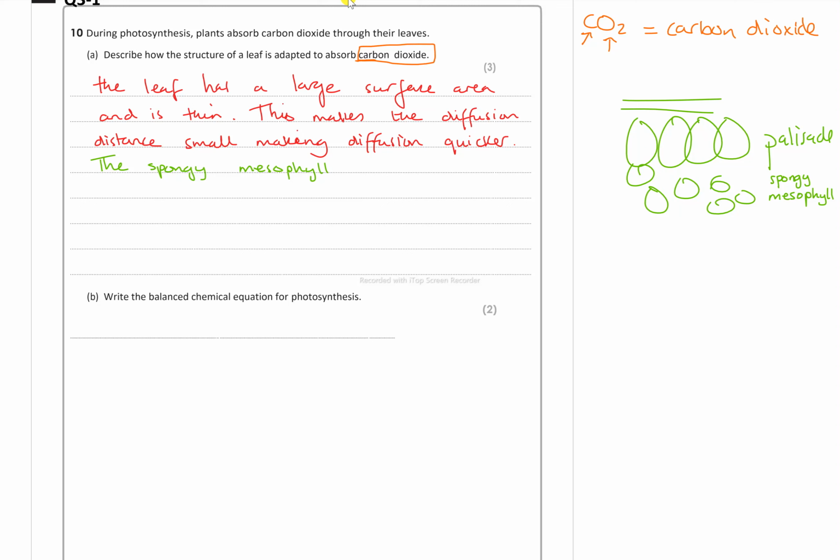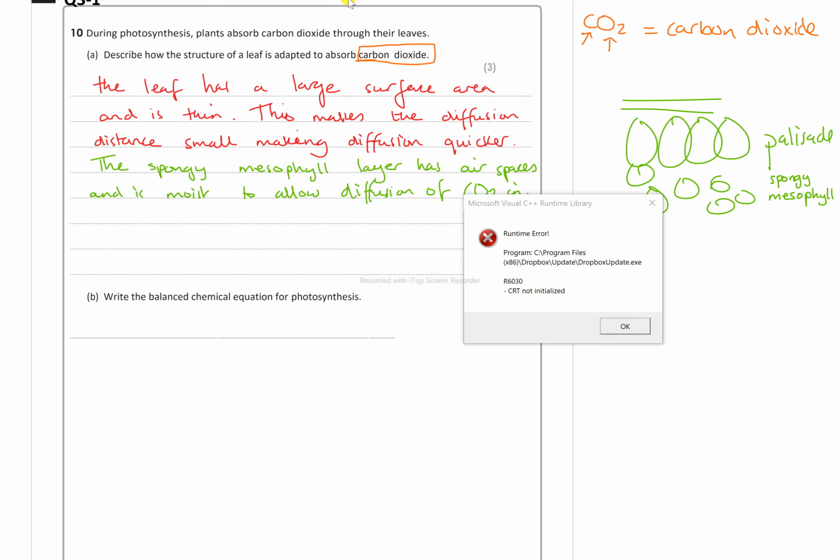The spongy mesophyll layer has air spaces or gaps and is moist to allow diffusion of CO2 in, and O2 out.